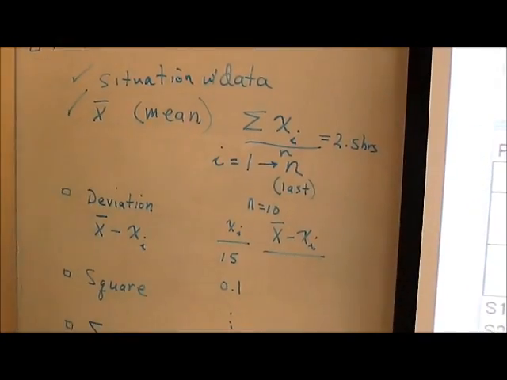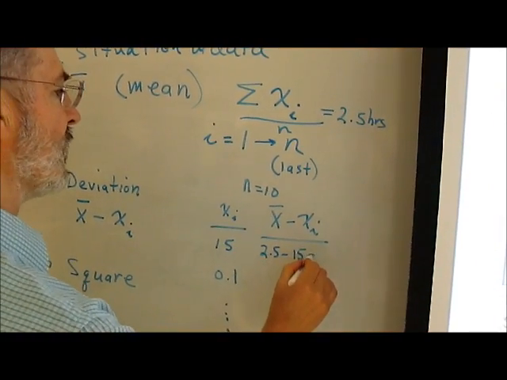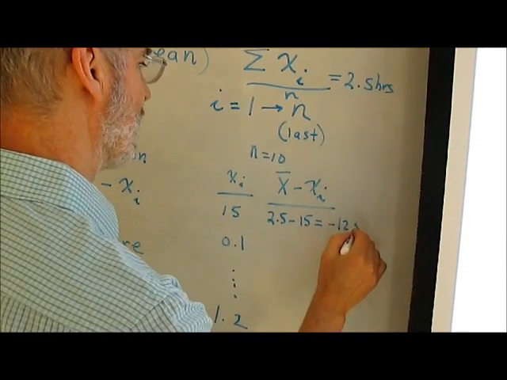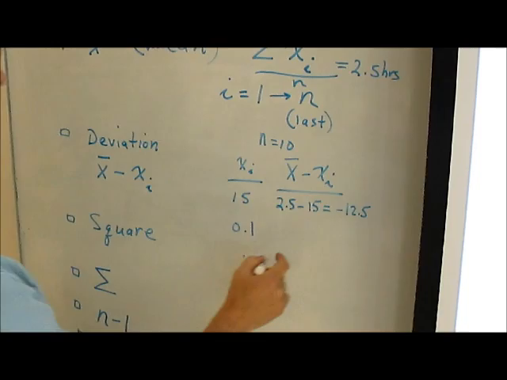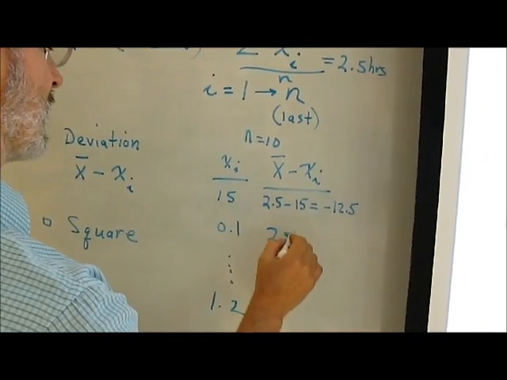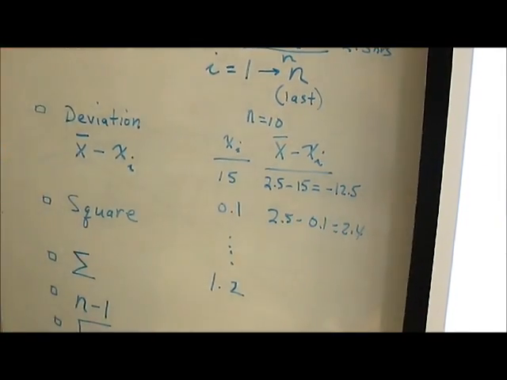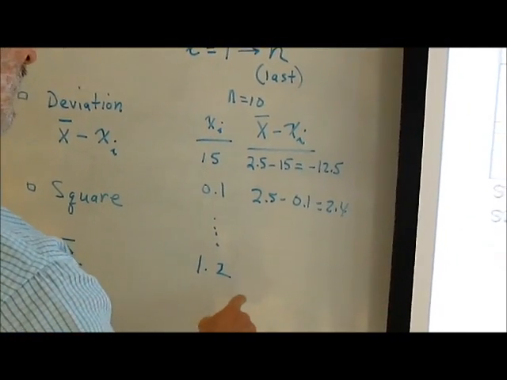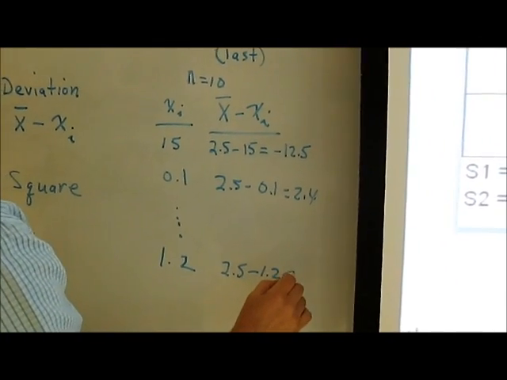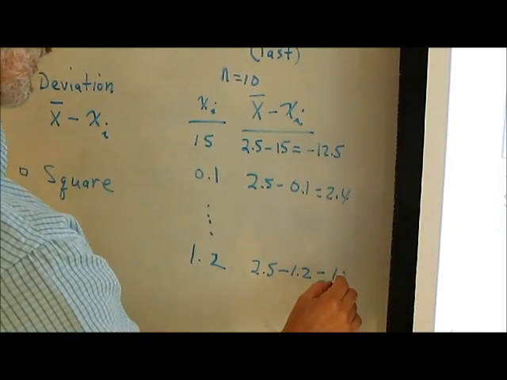So the deviation for my first data point is the mean of 2.5 hours minus 15, which gives me about negative 12.5. My second data value of 0.1, I use the mean minus 0.1 to give me 2.4. And my last data value, I use the mean of 2.5 minus 1.2 to give me a deviation for that 10th data value of 1.3.